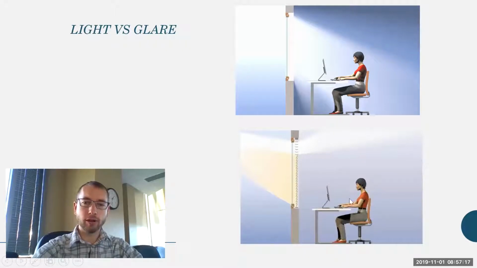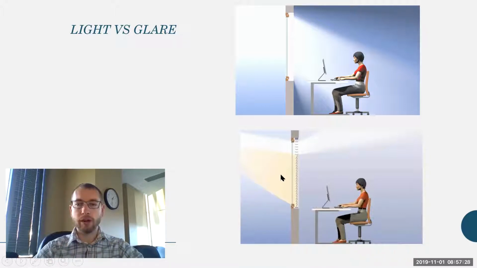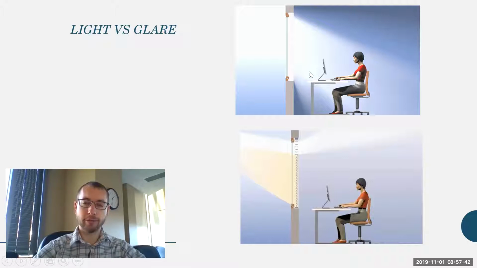We want this lower picture here where the light is actually getting bounced around into the room, and we get a lot of that indirect light where it's a lot of illuminance on the surfaces, right? Reflected light, but we don't have that direct glare or luminance into our eyes because that's just not really comfortable to work with.